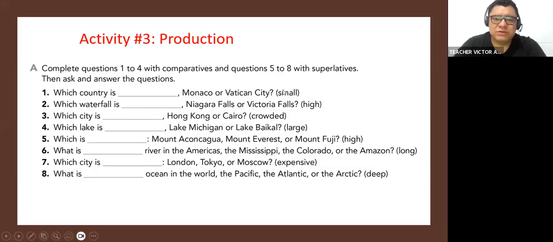Okay, I was working with these groups, explaining a little bit more how to make those changes with the adjectives in parentheses, to use them in comparatives and also in superlatives. They are still working on this, so I will give them a maximum of 3 more minutes.